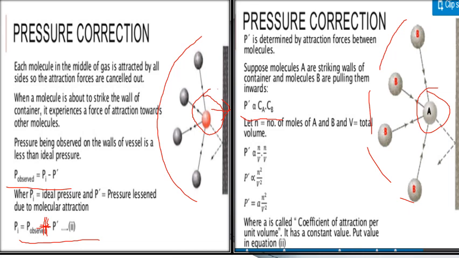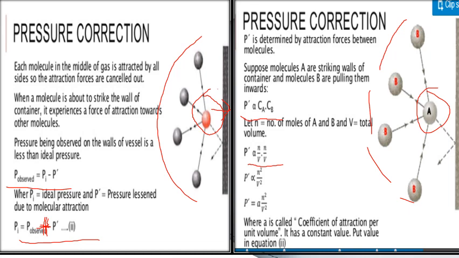So you can write it like this, for A particles and for B particles, that P bar is proportional to n upon V times n upon V. C is replaced by n upon V, number of moles per volume, right? Both are n number of moles, so it can be taken as n square over V square, right?